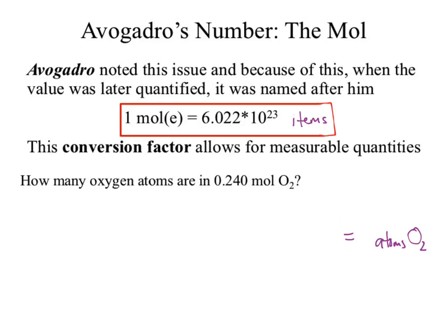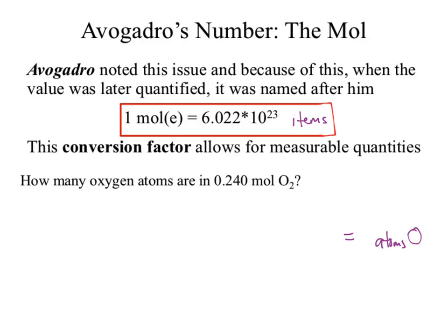Those of you that were looking at me should have a solid answer. Is that what you're solving for? No. What are you solving for? How many oxygen atoms? What is O2? A molecule. What are you solving for? Atoms of just O.